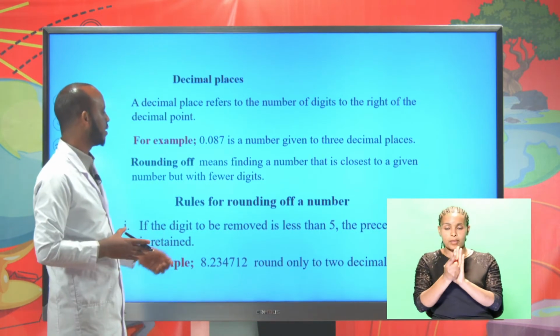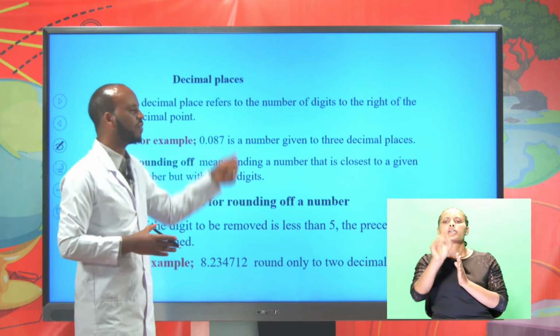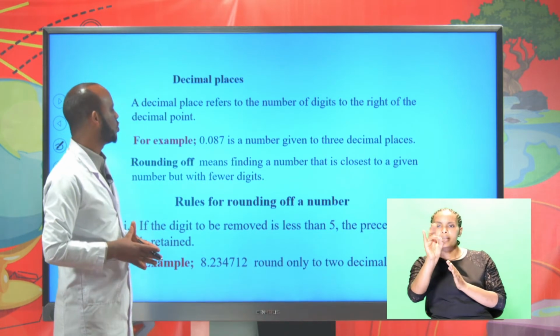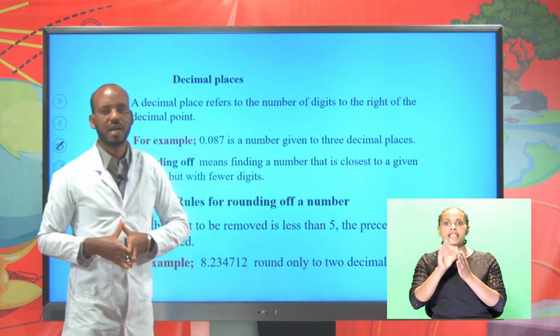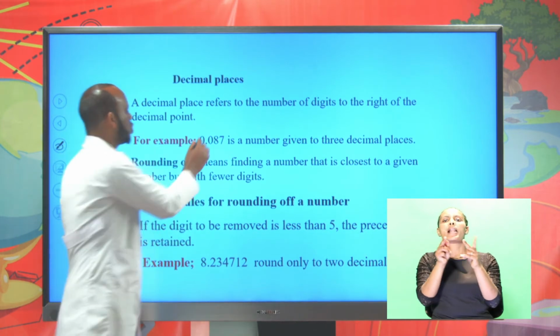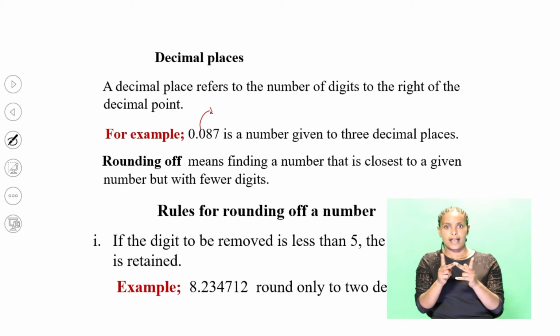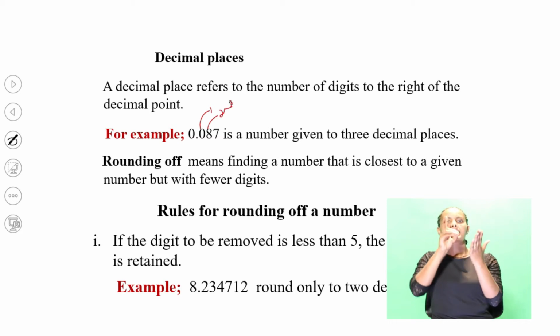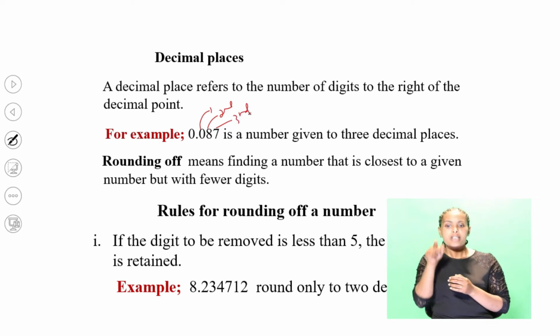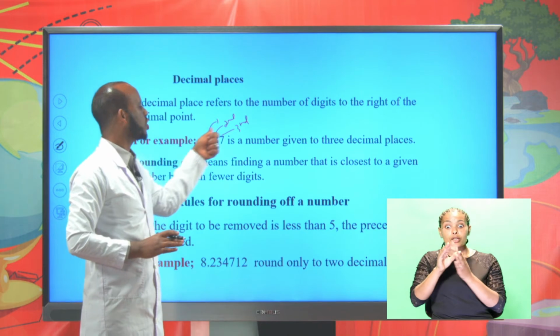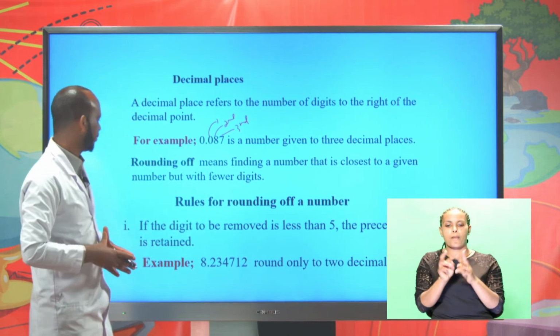For example, the number 0.087 is a number given to 3 decimal places. This 0 is the first decimal place. 8 is the second decimal place. 7 is the third decimal place. Therefore, this number is a number given to 3 decimal places.